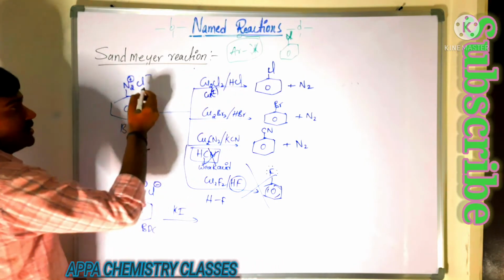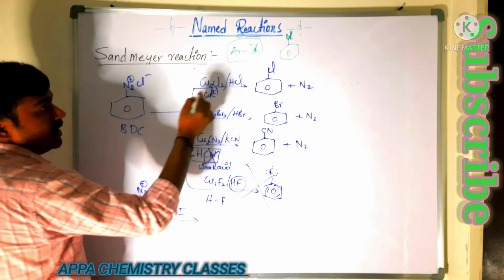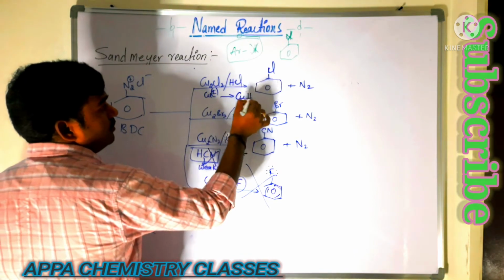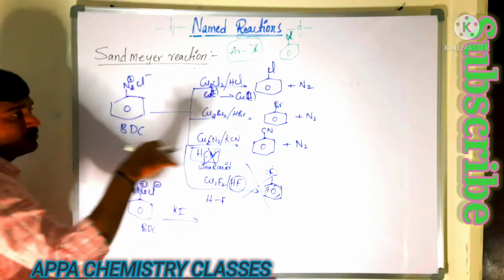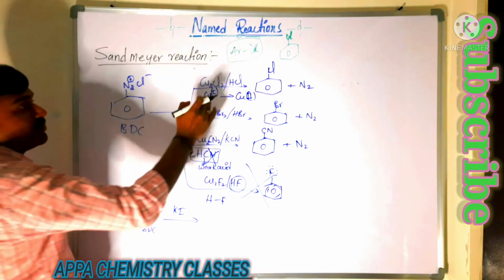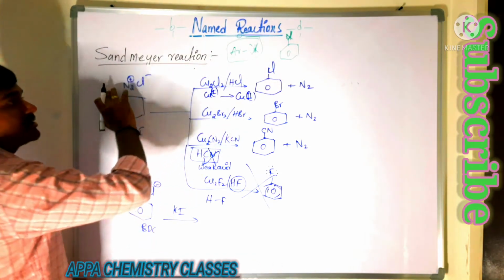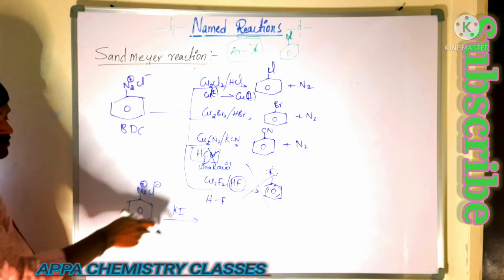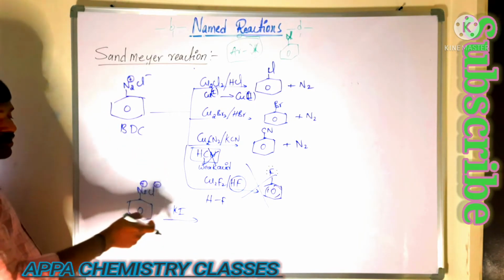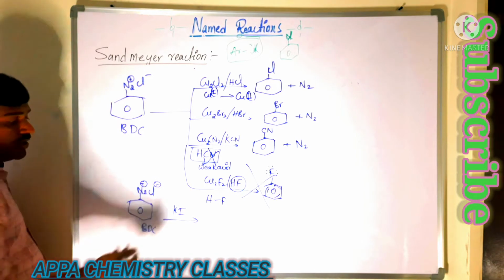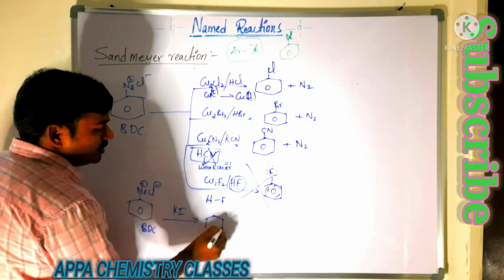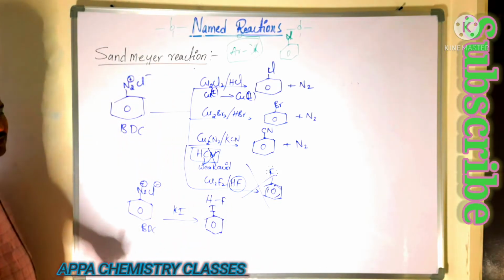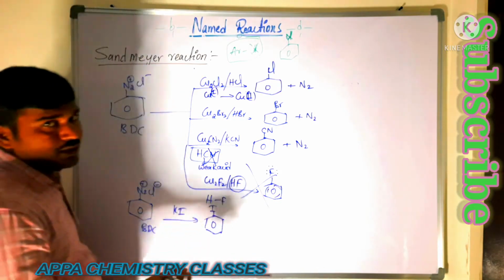When the chloride ion reacts, copper +1 becomes copper +2; that is, it is oxidized and the benzene diazonium chloride is reduced. In this case, when benzene diazonium chloride is shaken with potassium iodide, we easily get iodobenzene. That is what we call the Sandmeyer reaction.